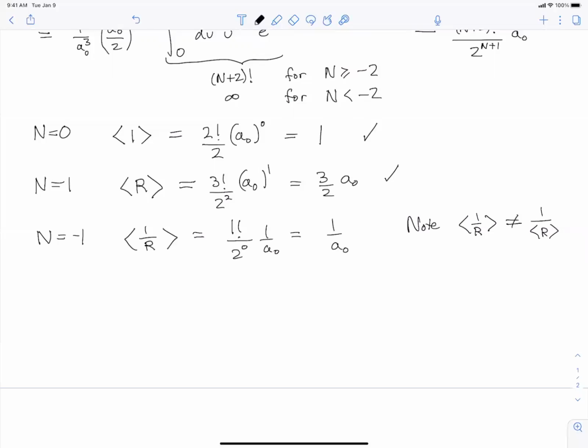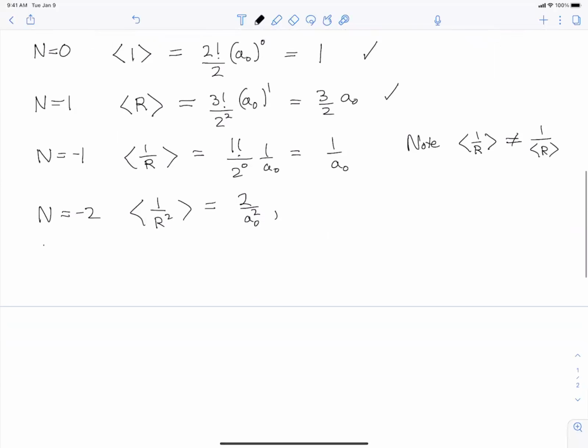Okay, for n equals minus 2, 1 over r squared, expectation value, is 2 over a0 squared. And then if you do n equals minus 3, the expectation value of 1 over r cubed is actually infinity.